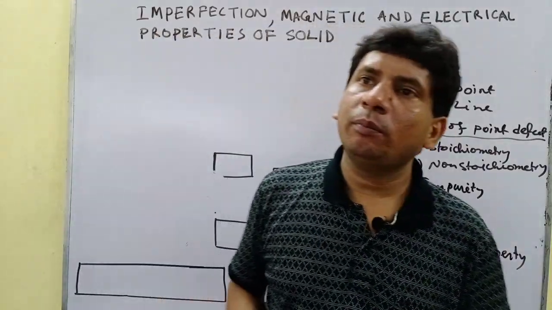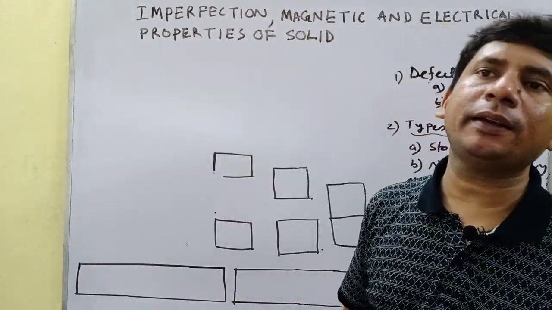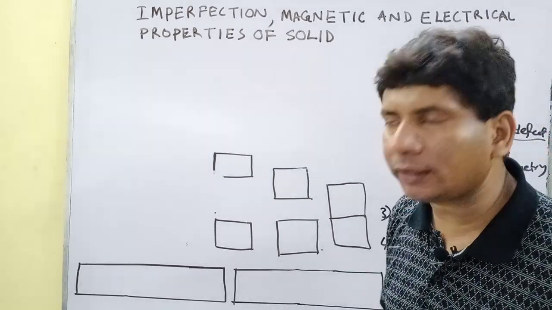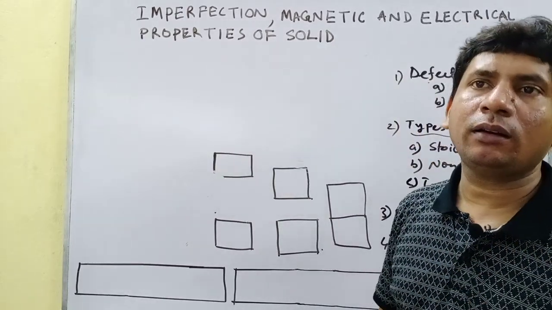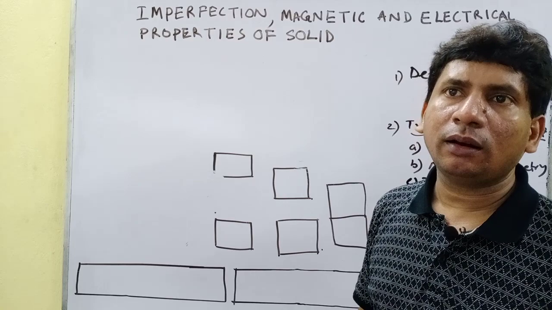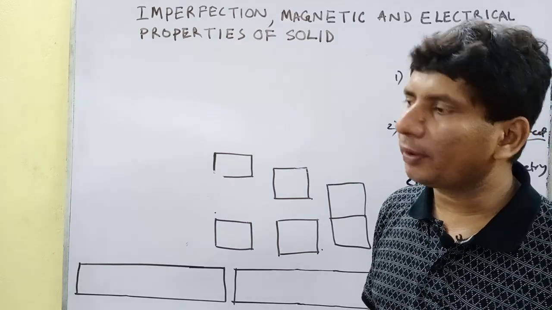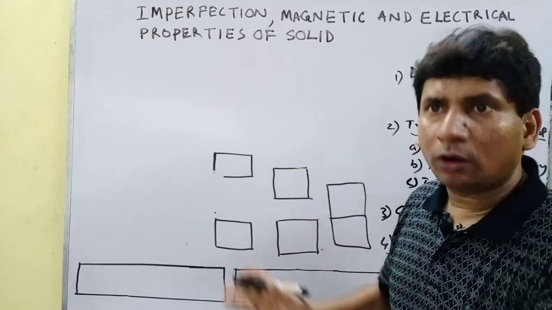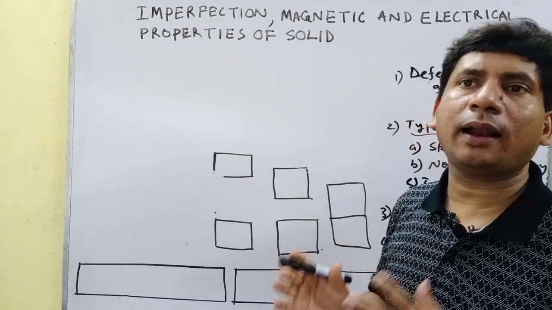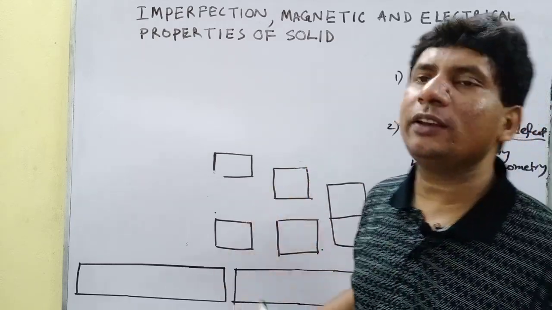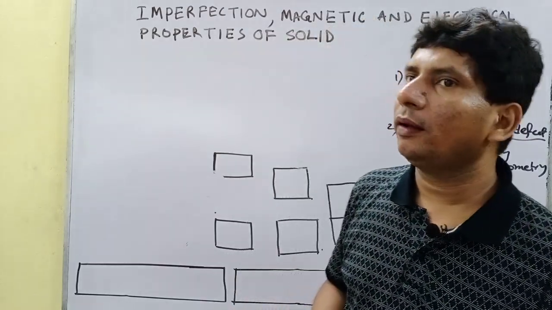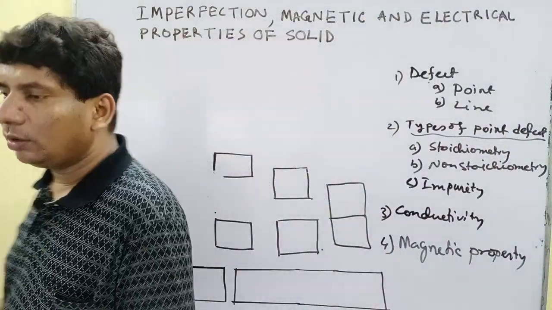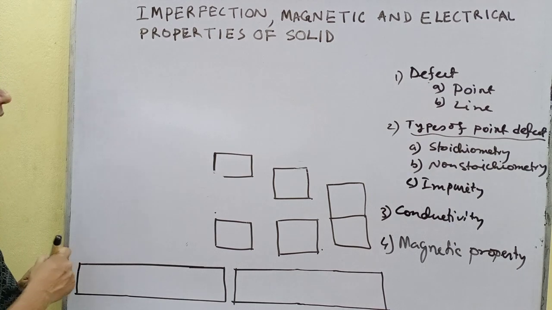The crystal may be subdivided into three types on the basis of conductivity: insulator, conductor, and semiconductor. Now we will see how to define conductor, semiconductor and insulator. Now let us consider lithium.